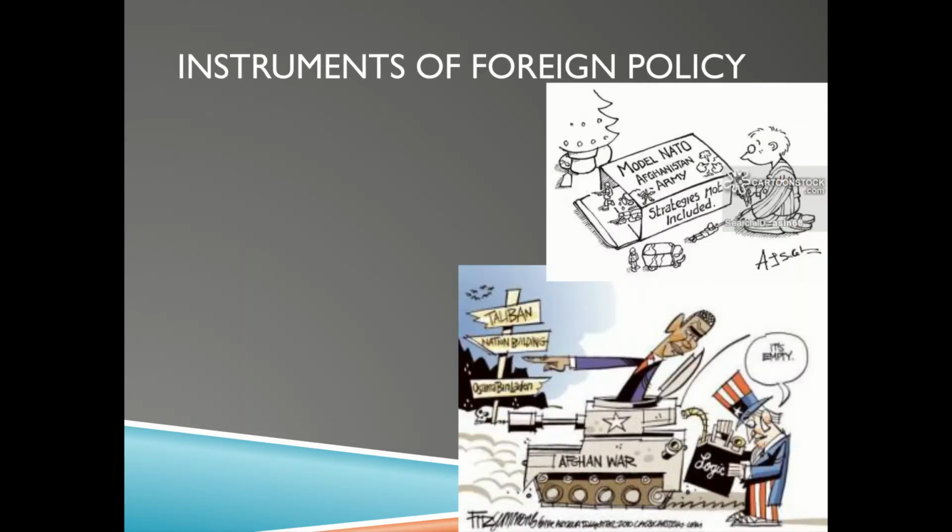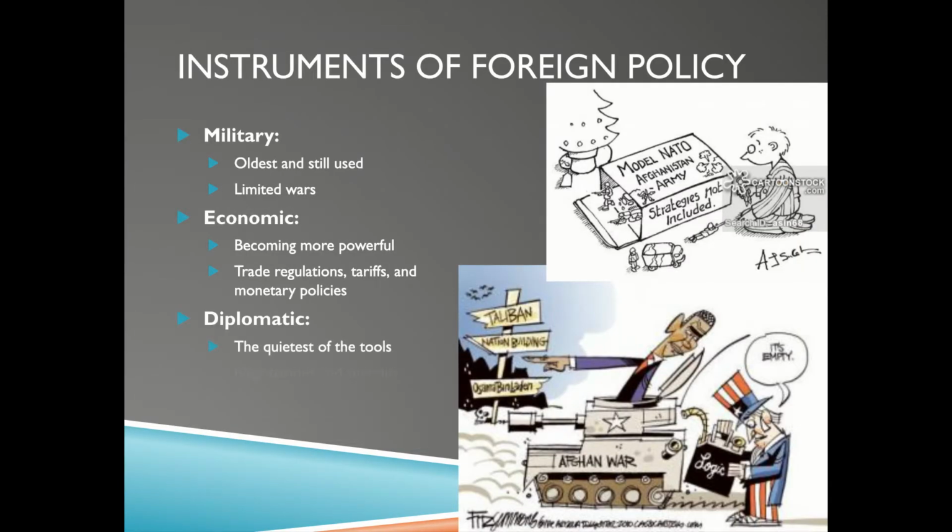So, our instruments of foreign policy. How does the federal government work through foreign policy? Number one, military. We use the military to expand our thoughts and our theories on how government should operate, how people should live. It is the oldest and still most commonly used.